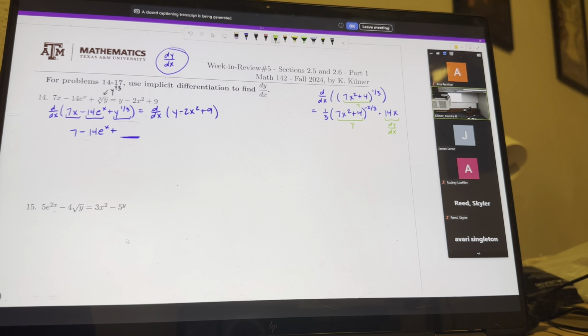So when I come back over here, I'm taking the derivative of y to the 1/3. The derivative of y to the 1/3 is going to be 1/3 y to the negative 2/3. And then we have to multiply by the derivative of y, which we're going to use dy dx to represent.